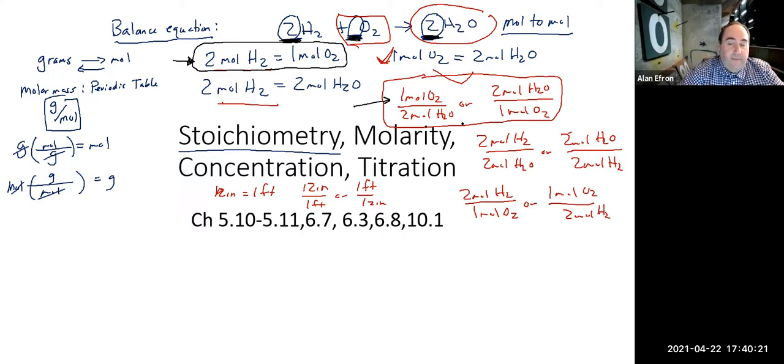But we can come up with, as we did last time here, actually 6 different conversion factors coming from the balanced equation. This will allow us to find all kinds of things based off of this equation, as long as we know one piece of information. Maybe we know how much reactants we're starting with, maybe we know how much products we're starting with. We could use these relationships to figure out how much would be produced.